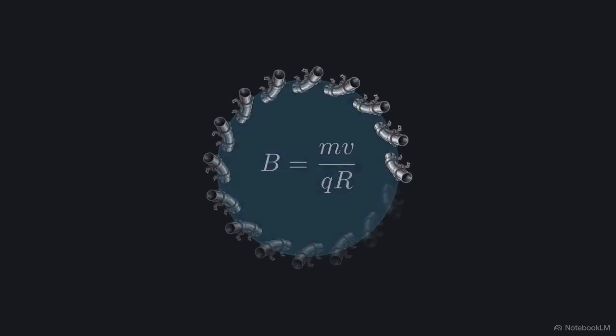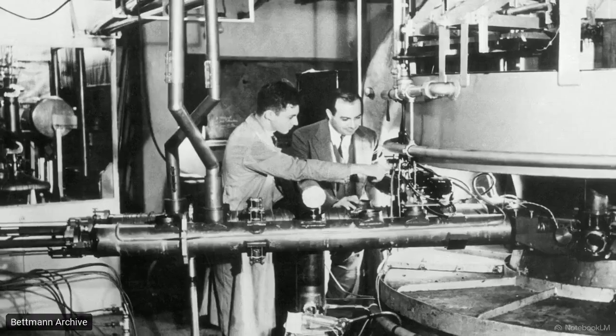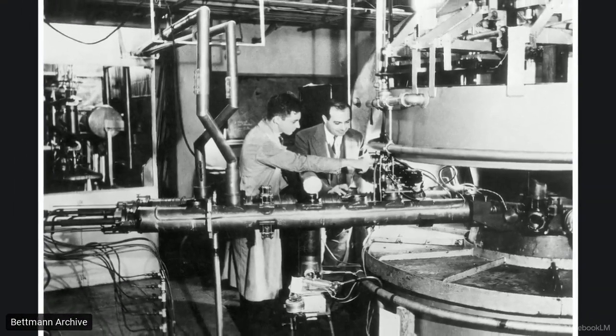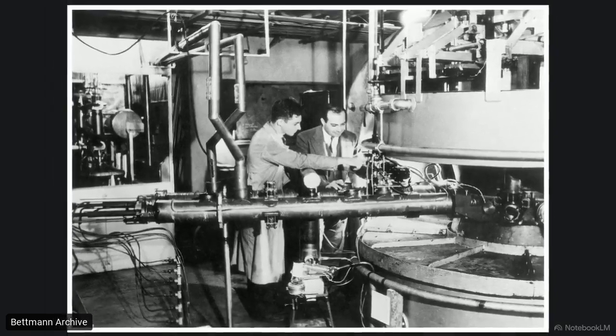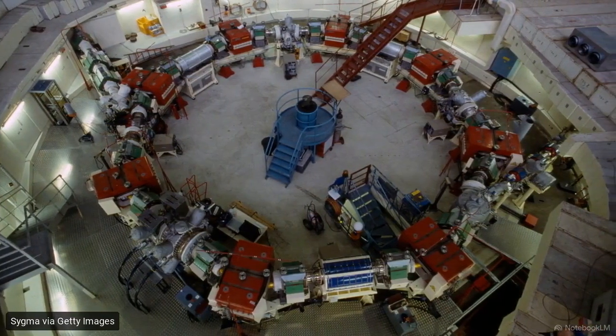To solve this, physicists developed machines like betatrons and synchrotrons, which can adjust their fields dynamically to compensate for relativistic effects. While the cyclotron is the foundational tool for heavy ion acceleration, reaching higher energy scales requires engineering that accounts for the relativistic effects of high-velocity physics.